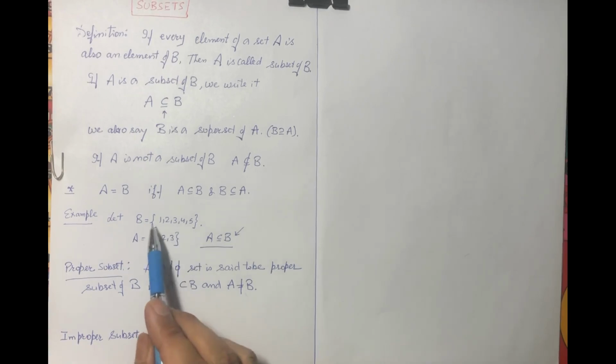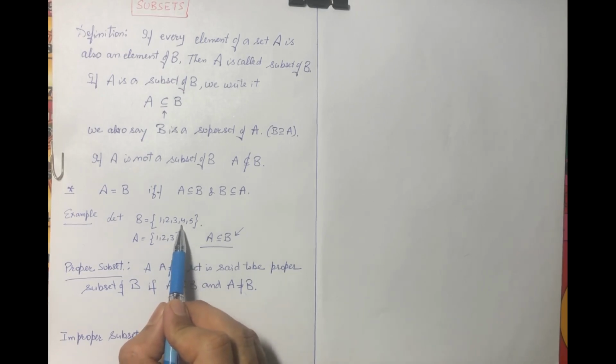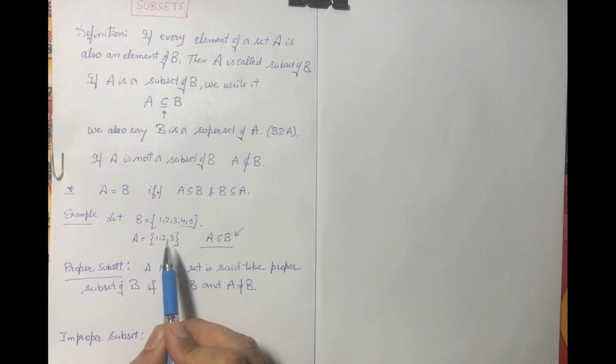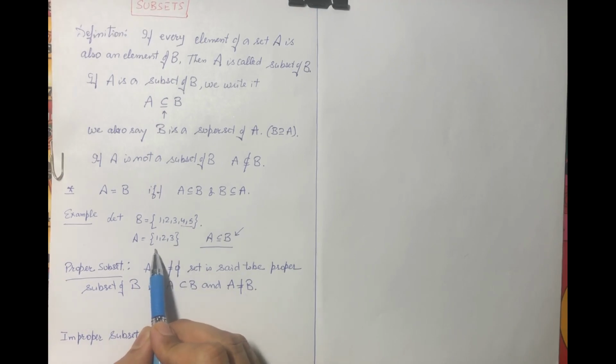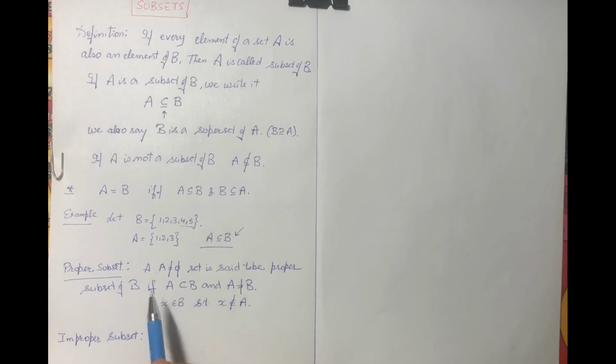Like here in this example, A is a proper subset of B. That means there exists some element in B which is not in A. How can we express this? There exists x belonging to B such that x does not belong to A. So in this case, A is called proper subset of B.